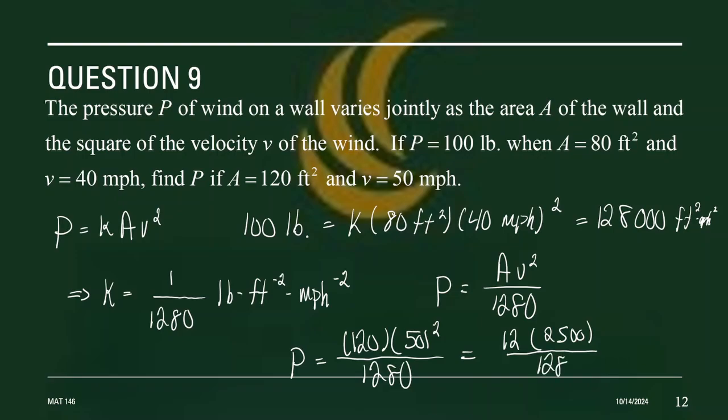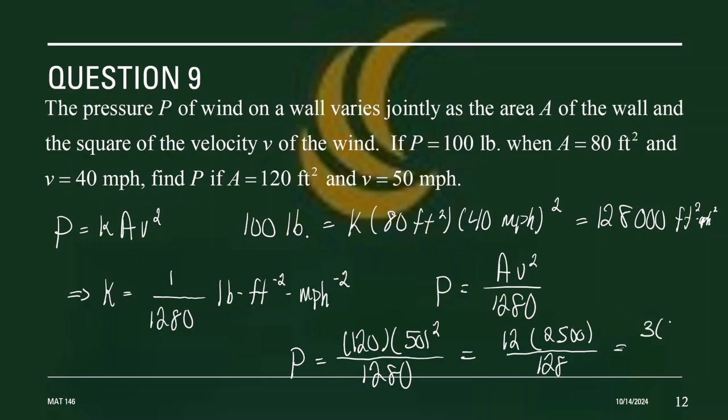Divided by 128. So that was the easy part of just getting rid of the tens. But 12 over 128 can simplify. 128 is divisible by 4.